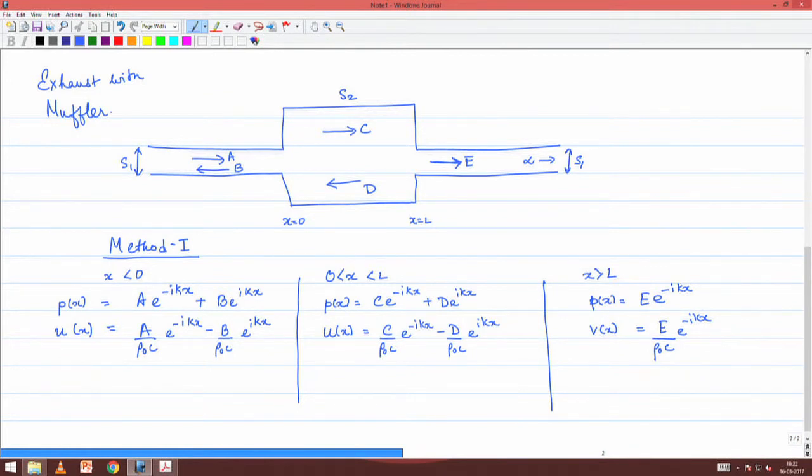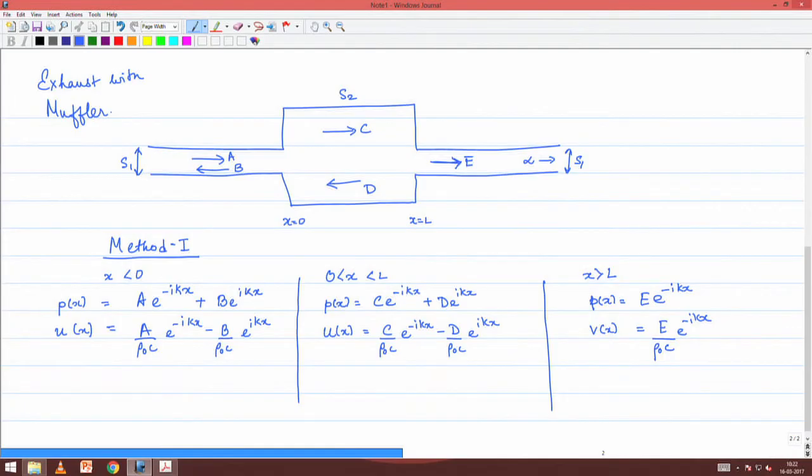Okay, but remember what is our objective? Given A, we should be able to find E, right, that is we need to find this transmission ratio. Given a unit amplitude incident wave, by how much does the transmitted wave reduce, hopefully it reduces, it does not increase, right.